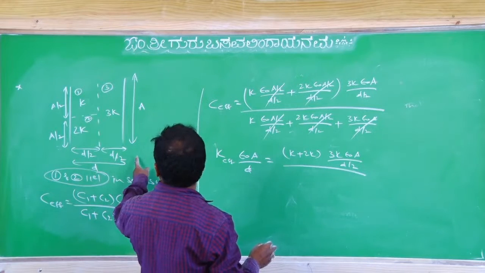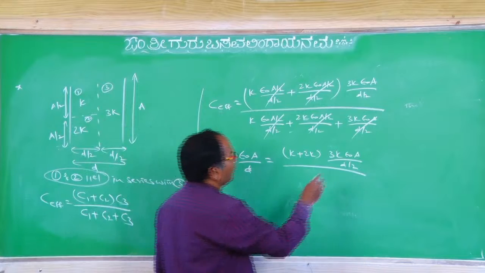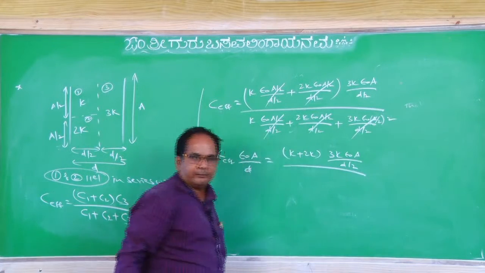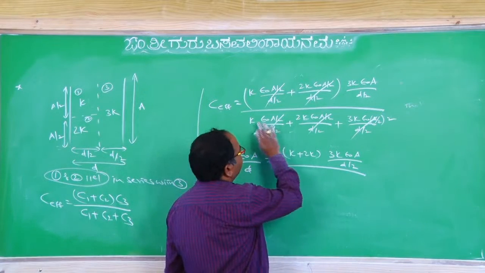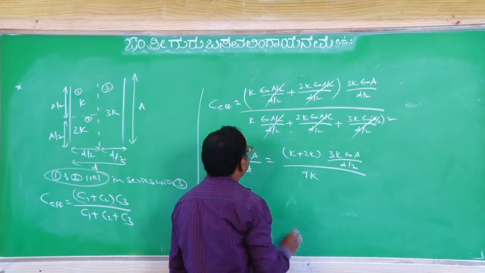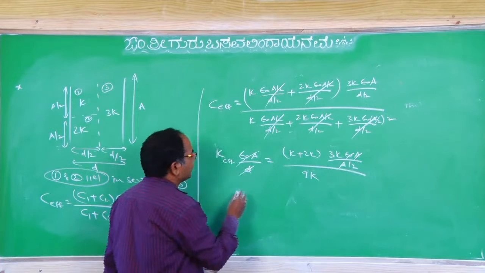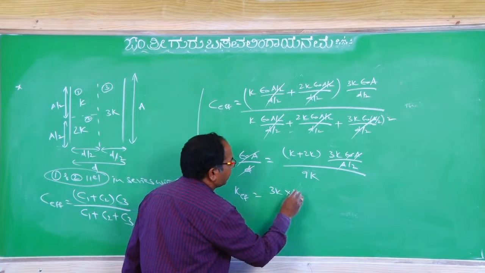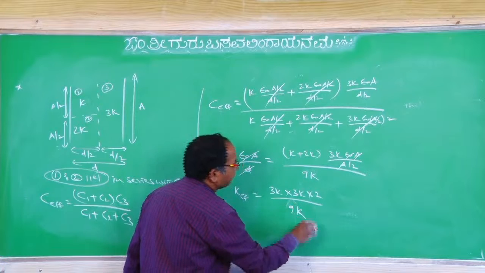Epsilon naught A, so here by 2 into 2, divided by K plus 2K, 3K, 3K plus 6K, 9K. Now epsilon naught A by D, epsilon naught A by D. So K effective is equal to 3K into 3K into 2 divided by 9K.